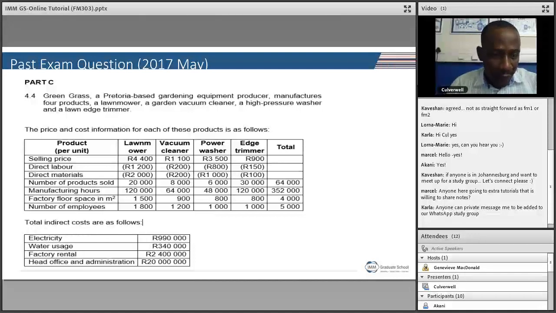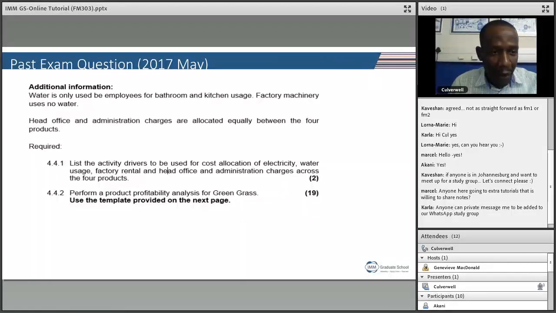On water usage, you need to interpret the statement I read that says water is only used by employees for bathroom and kitchen usage. Factory and machinery uses no water. So it goes without saying that for the cost of water usage, we are going to use the number of employees to allocate the cost incurred to these specific products.